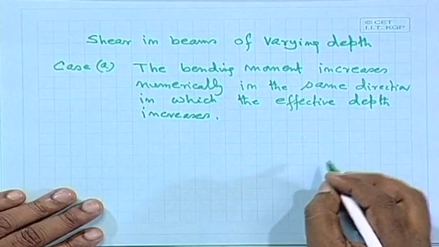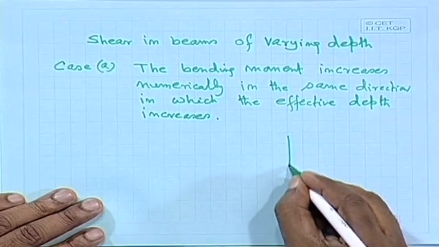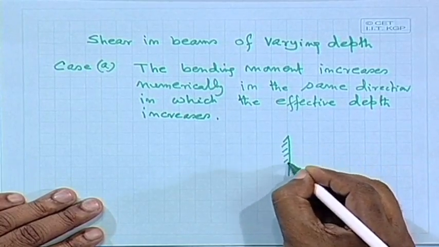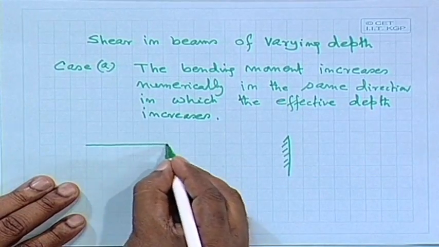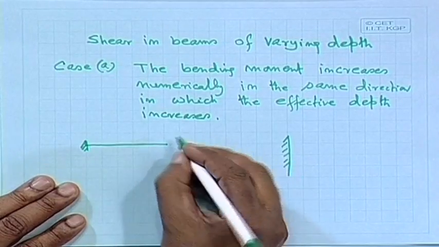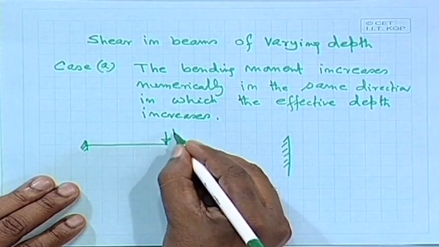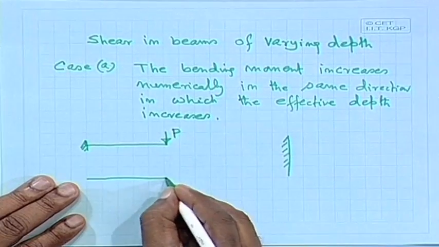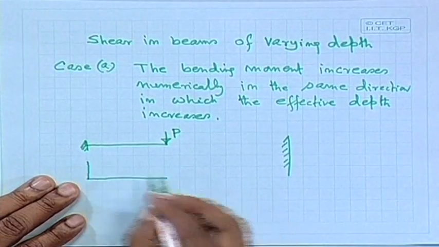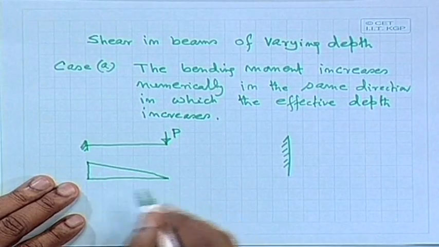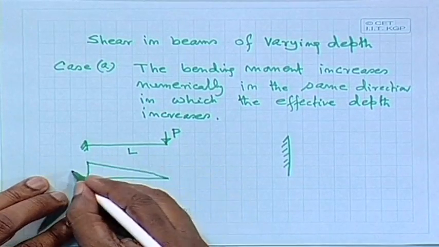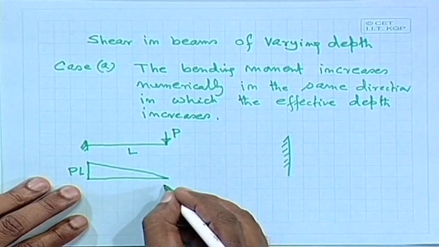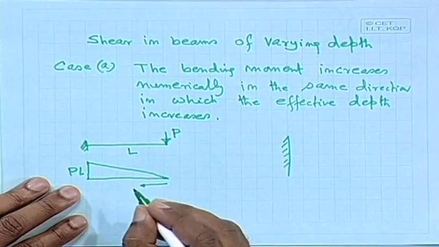It means, let us take particularly the cantilever beam. In the cantilever beam, let us say we have a certain concentrated load P or a UDL. Then what about the bending moment diagram? If the length is L, we shall get P times L. So, the bending moment increases in this direction.